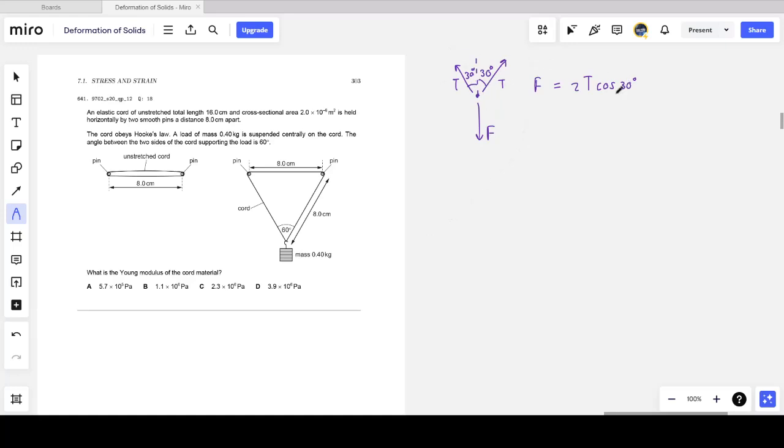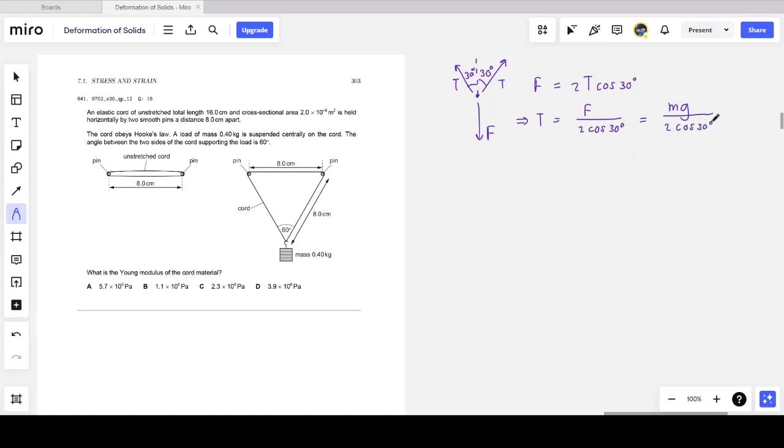So it must be 2T cosine 30 degrees. This means that the tension T in the cord is F divided by 2 cosine 30 degrees, which I'm then going to write as mg over 2 cosine 30 degrees, because the force is simply the weight of the mass.